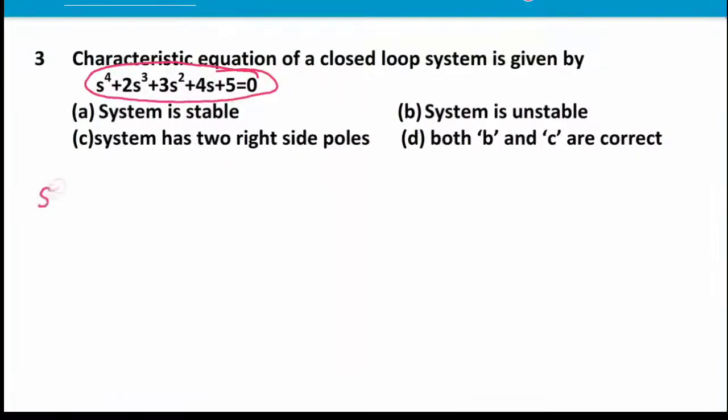So here S4, S3, S2, S1, S0. We will form the Routh table.